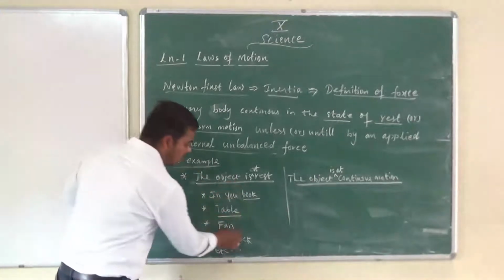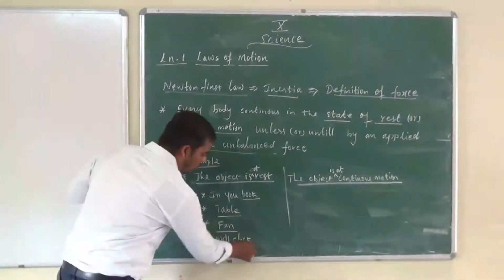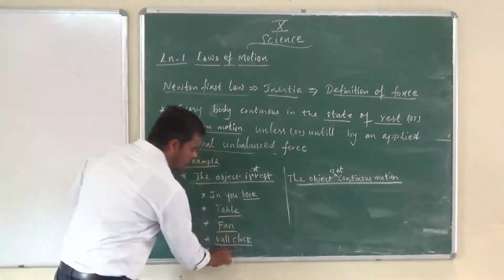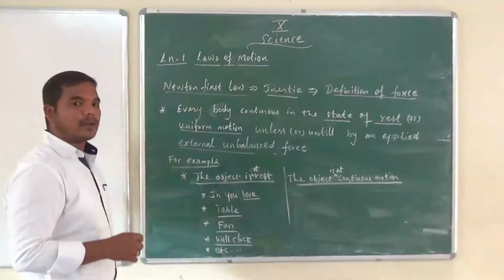Table, the state is rest. Fan, the state is rest. Wall clock, it is in a rest position. And we can put a number of examples like that.